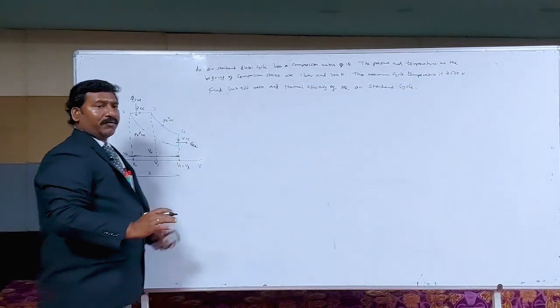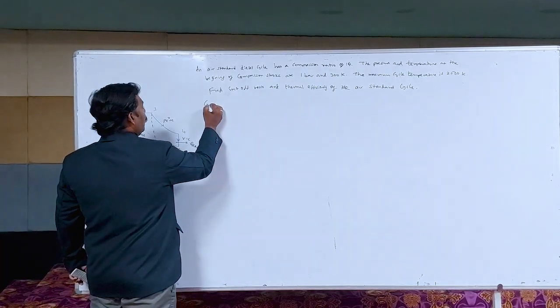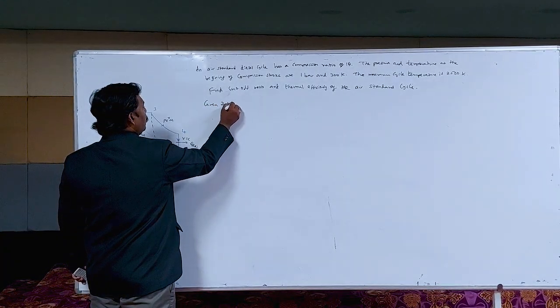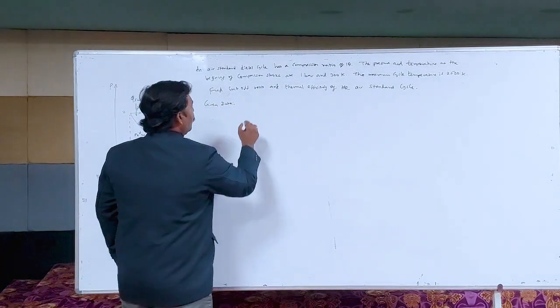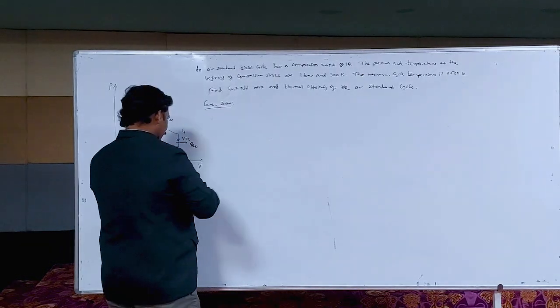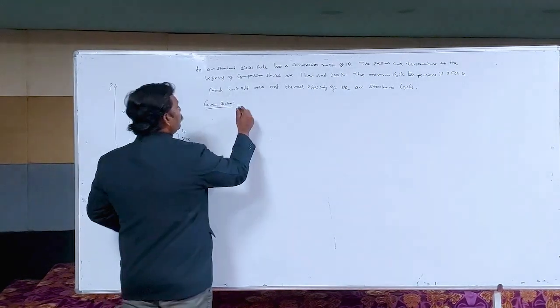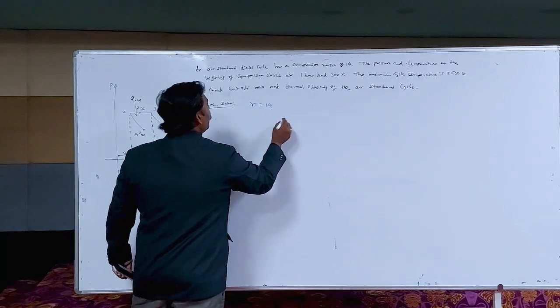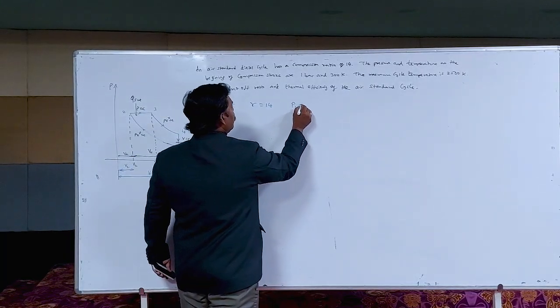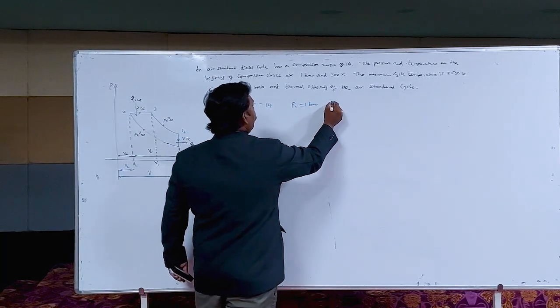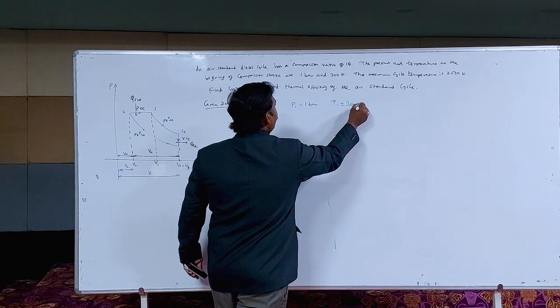So let us start with the given data. For the problem, you have to write the given data. The compression ratio is 14, r is equal to 14, pressure at the inlet is 1 bar, and temperature at the inlet is 300 Kelvin.